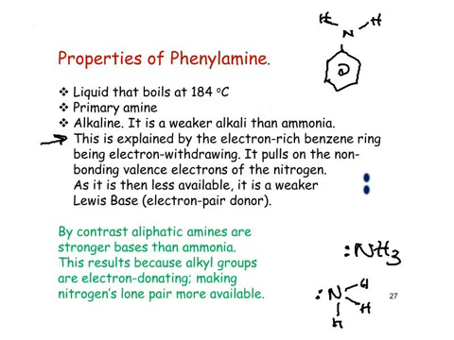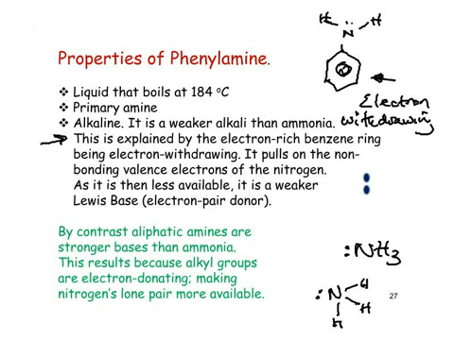It's explained by the electron-rich benzene ring. Benzene rings are a very stable electron system, and electrons are readily drawn into the benzene ring. So benzene rings are electron withdrawing. The opposite is true of alkyl groups. They're electron donating.